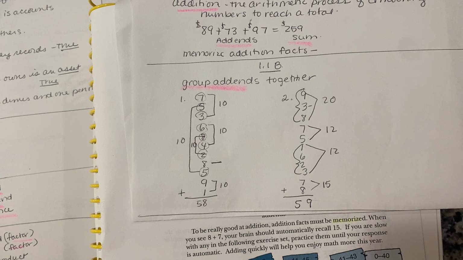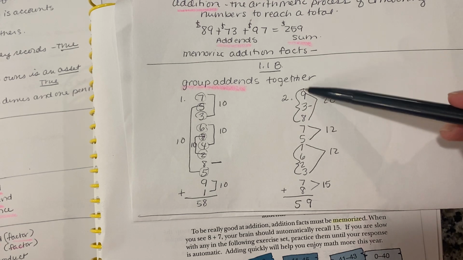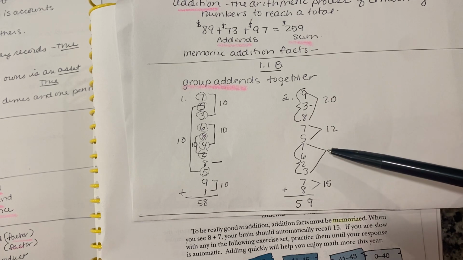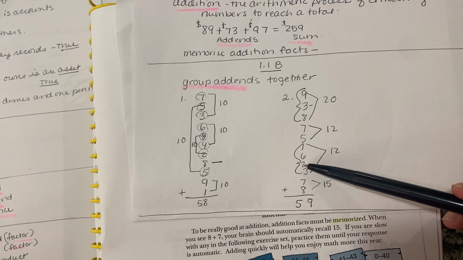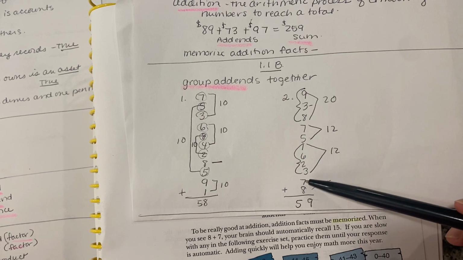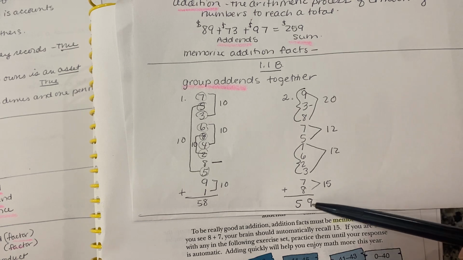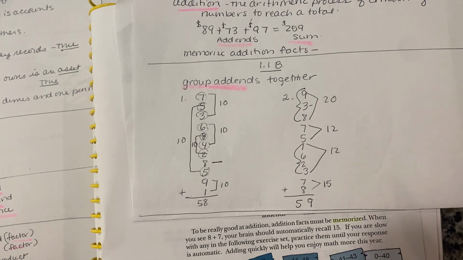Another example is here, is they grouped 9, 3, and 8, it comes together as 20. Then 7 plus 5 is 12. Then grouped 1, 6, 2, and 3, and that's 12. And then 15, and then you start adding these together, and you'll get 59. So see how you group them together.